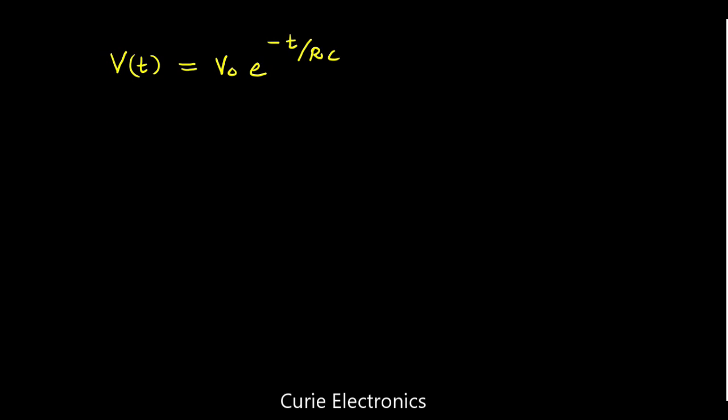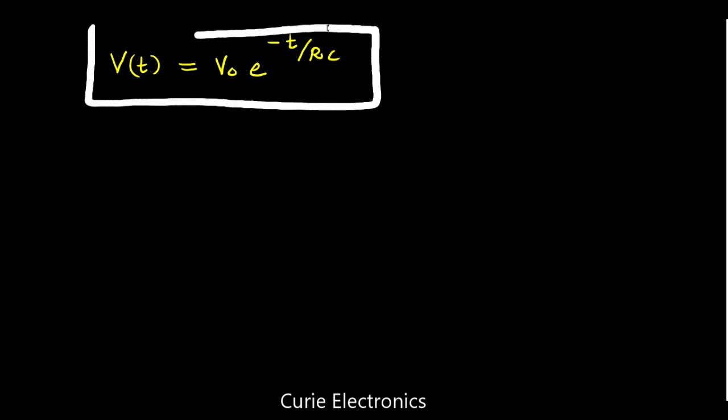This equation represents the discharging of a capacitor, the discharging of voltage across a capacitor. How the voltage is varying with respect to time in a capacitor during discharge, that is what this equation gives. This is the discharge equation for voltage.